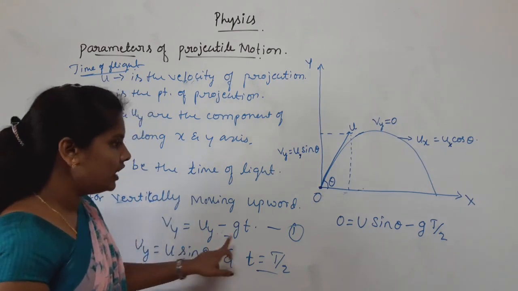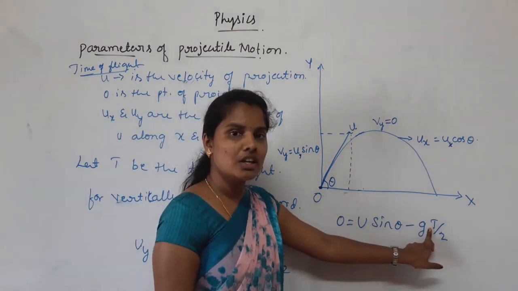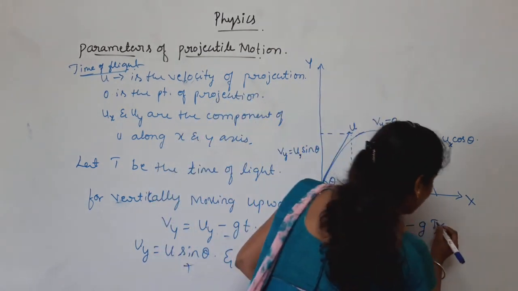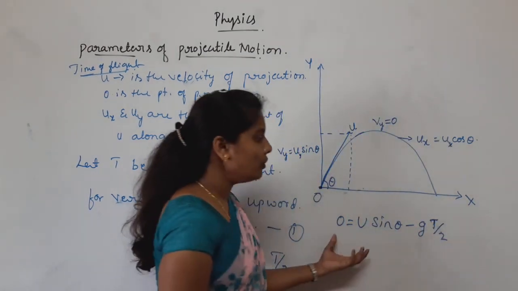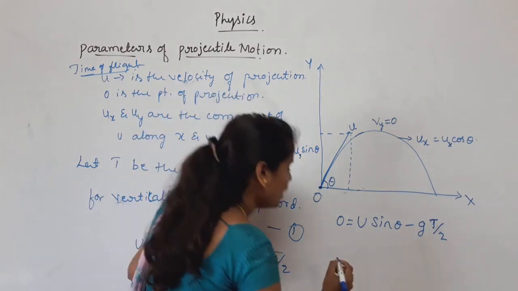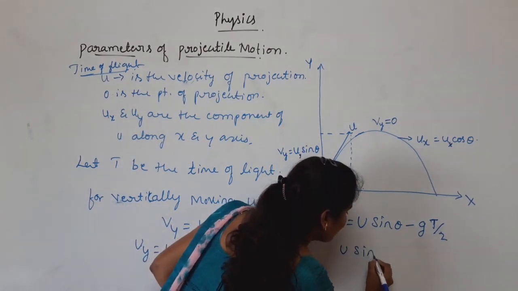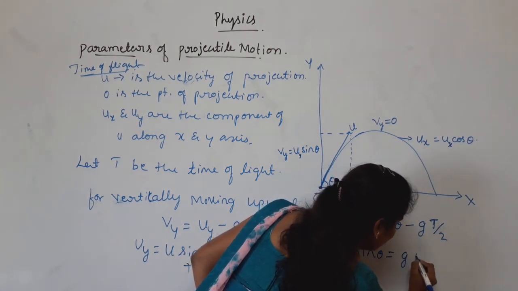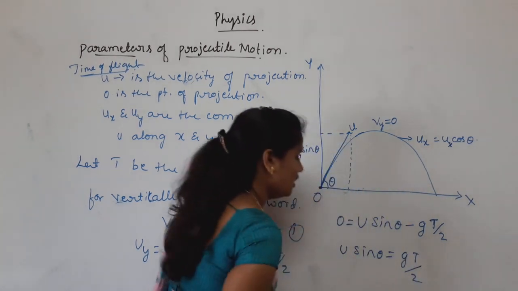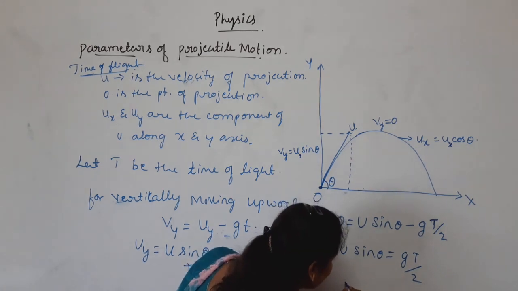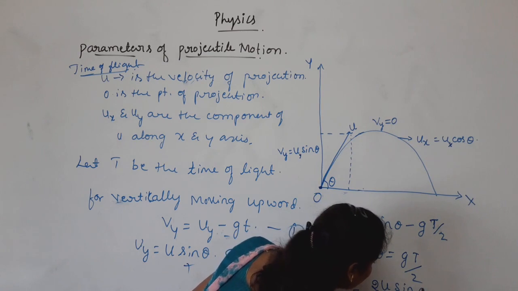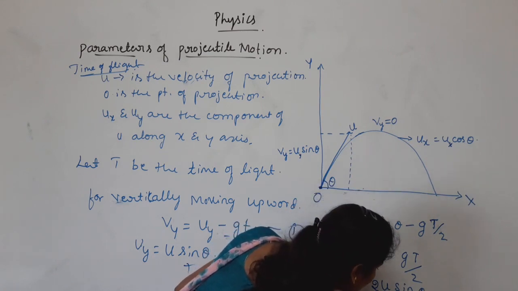Here we need to simplify for T. Therefore U sin theta equals gT divided by 2, and T equals 2U sin theta divided by g.